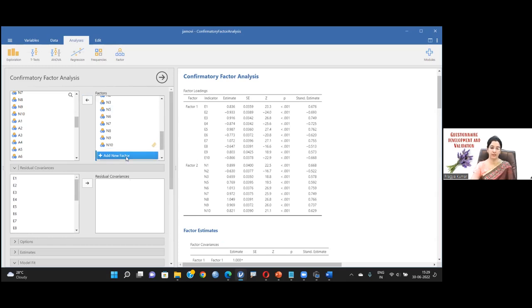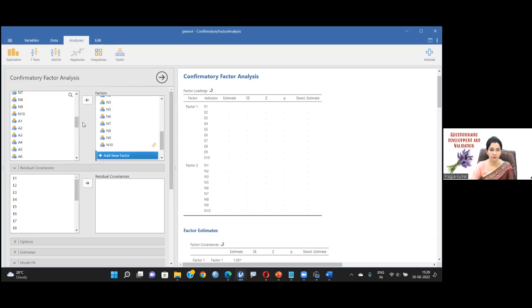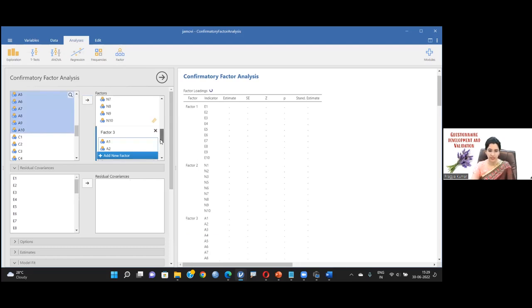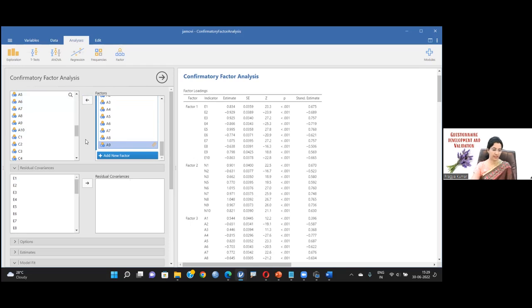Now I have added a new factor, and after N, it is A. I have decided A10 I will not take because it was not getting loaded on any other factor. So I have not taken N4, I have not taken A10.